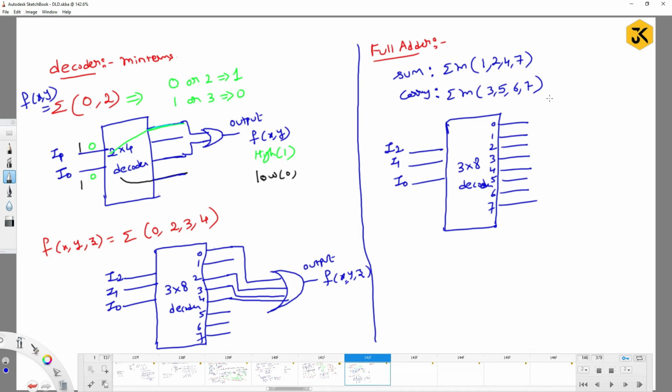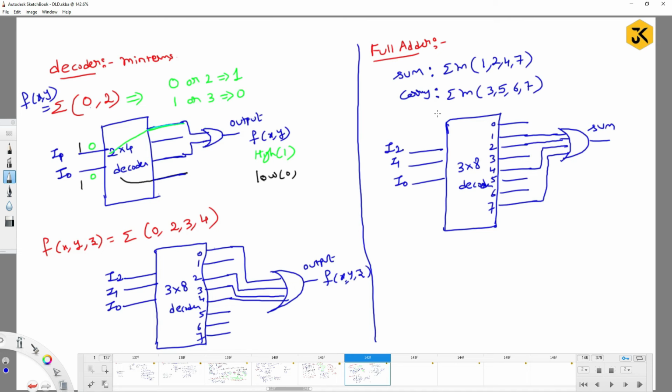To get the sum, I need to connect to lines 1, 2, 4 and 7 through an OR gate, and you get the output as the sum. Similarly, can I do the same for the other function here itself?